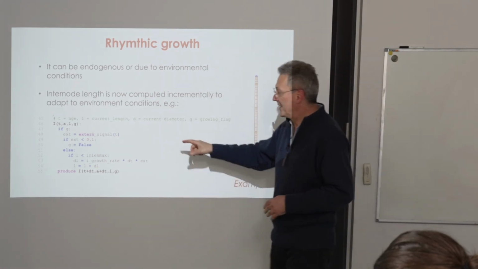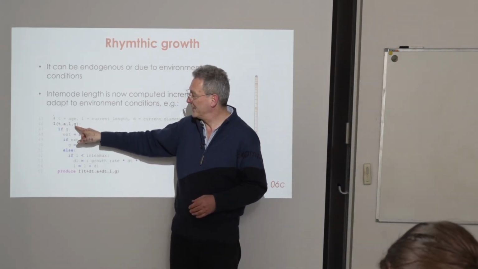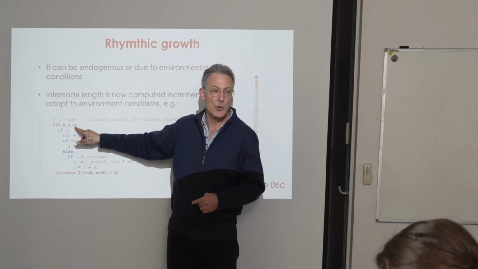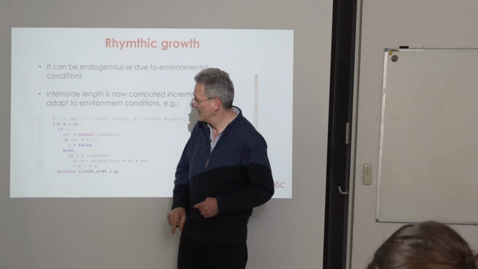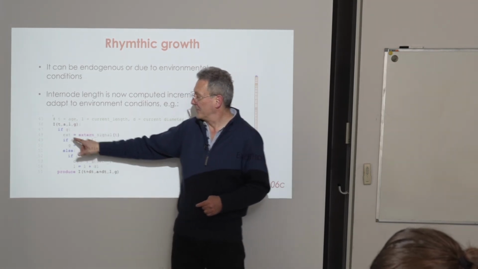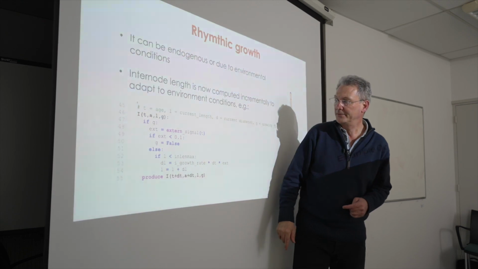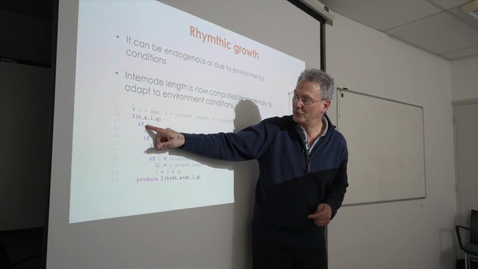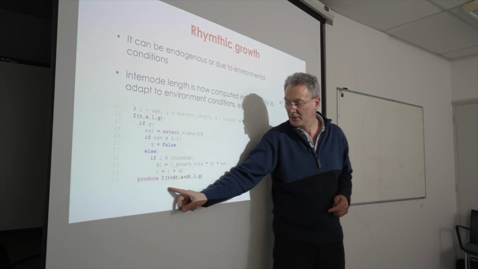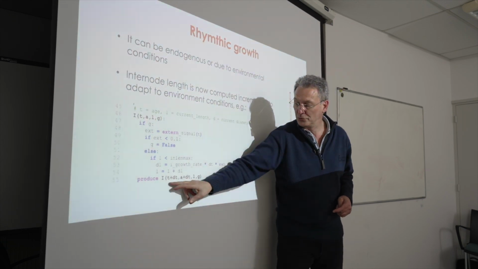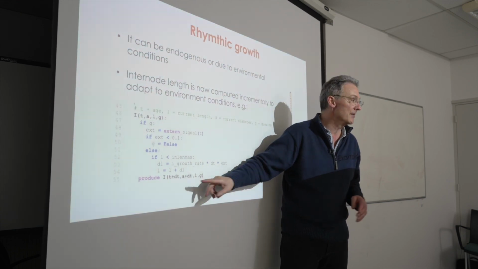What I say is that there is an internode, and this internode has a state which is growing or not growing. It's a Boolean state. If the state is growing, I do all this. But if the state is not growing, I just continue to accumulate time and age without changing my length, without changing anything.